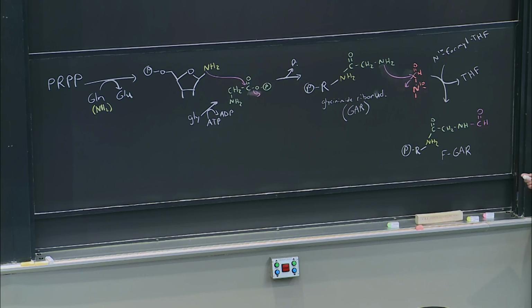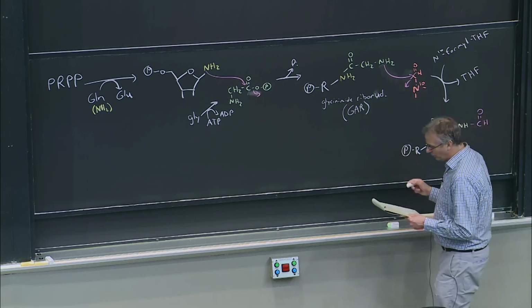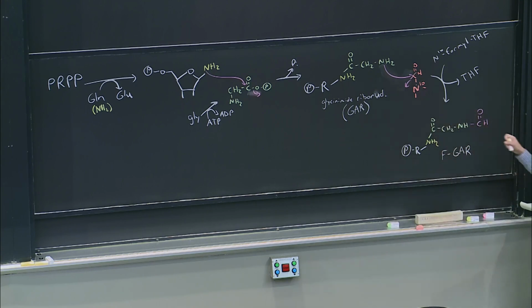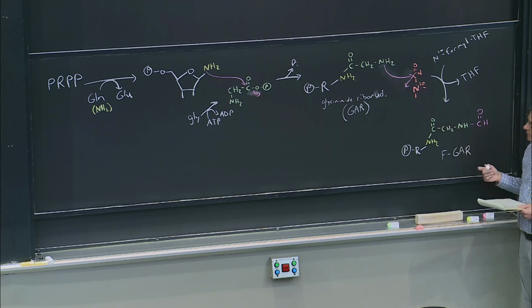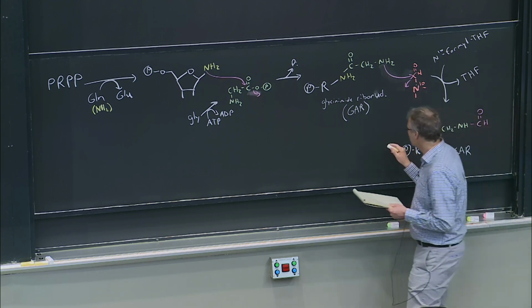All right. The next step is we're going to swap the oxygen here on this carbonyl to a nitrogen, so a C double bond to a nitrogen bond. And that's going to come from glutamine again, and it requires ATP.